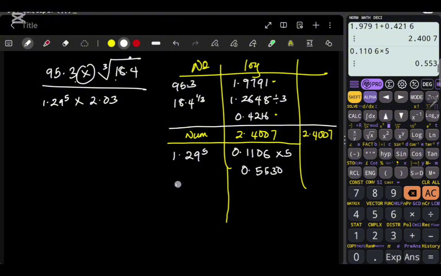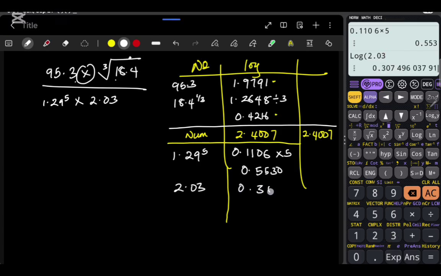The other number here is simply 2.03, and its log is 0.3075. So we're going to add this together, and that gives 0.8605. So now we have the denominator.